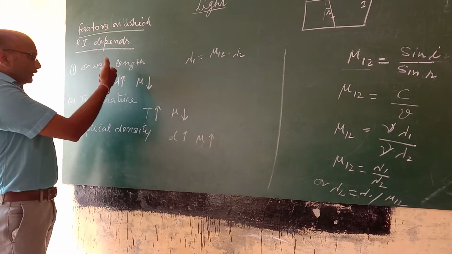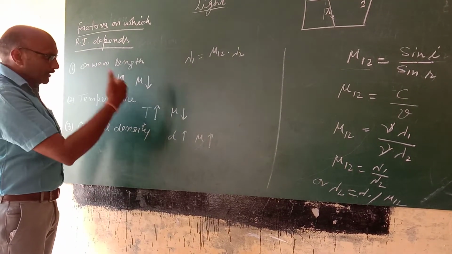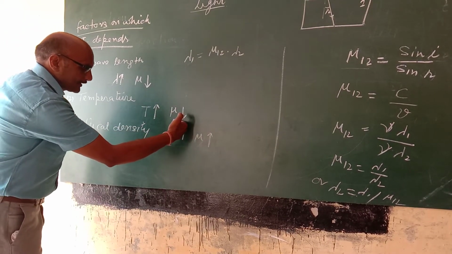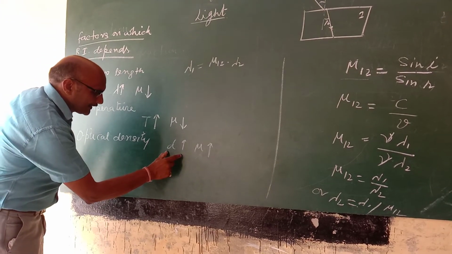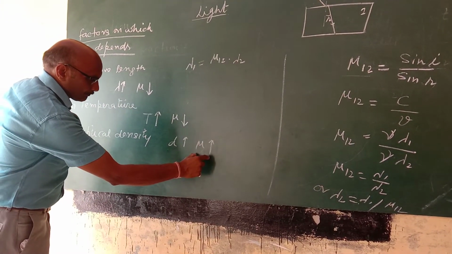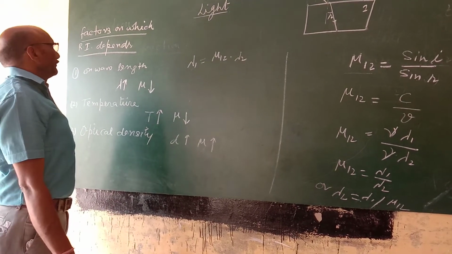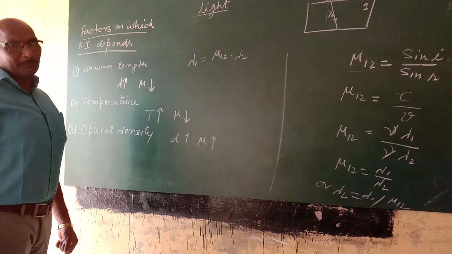If the wavelength increases, refractive index decreases. If temperature increases, refractive index decreases. If optical density increases, the refractive index also increases. These are the 3 factors on which the refractive index of one medium depends.